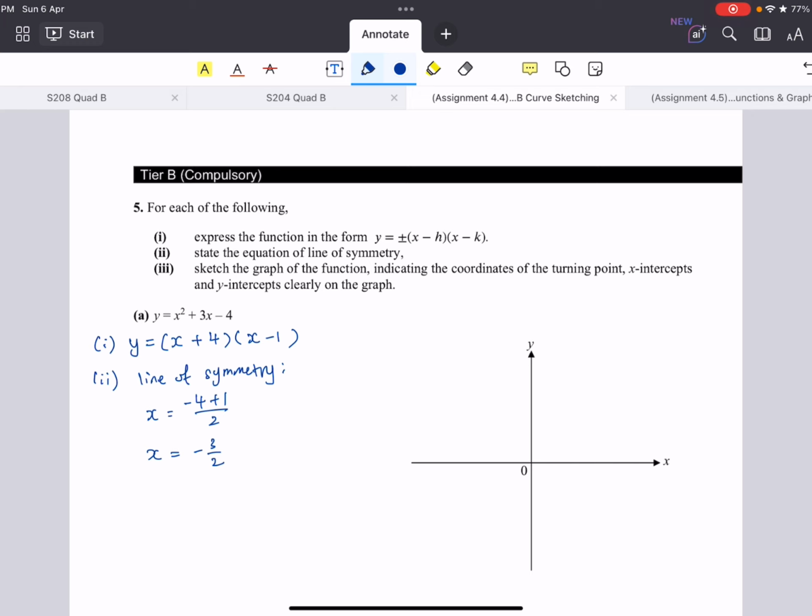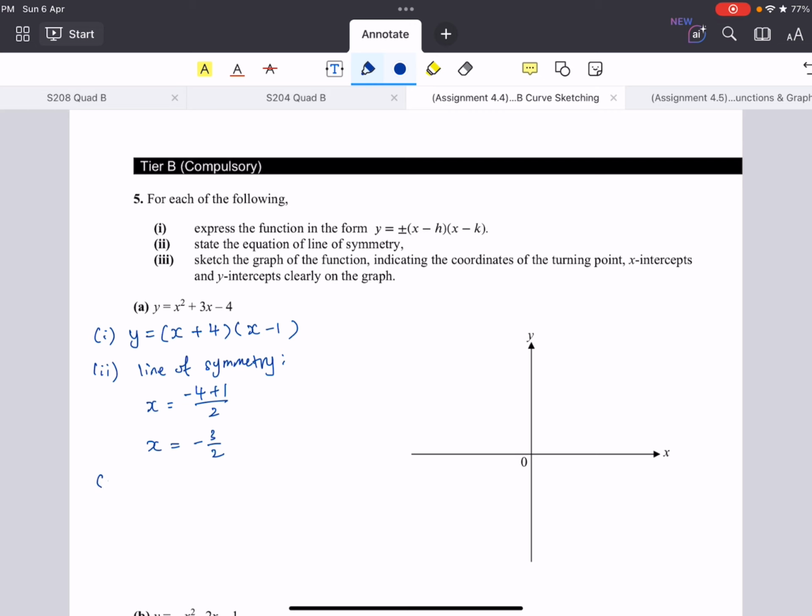Right? So we can do that. So part 3. Okay. Well, before we do that, we need to find the turning point, right? So when x is equal to negative 3 over 2, y is equal to (negative 3 over 2) squared plus 3 times negative 3 over 2 minus 4.